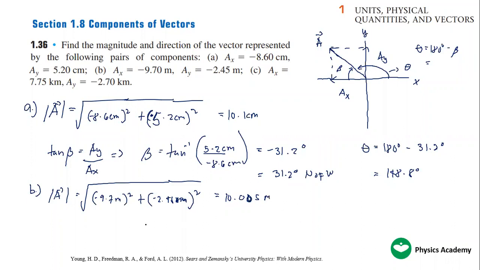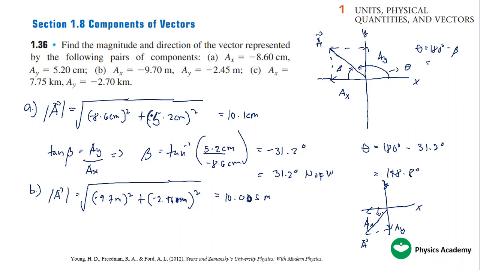Here, if you want to sketch this one, you have negative AX here, and you have negative AY here. So your vector A is in this quadrant, quadrant 3.